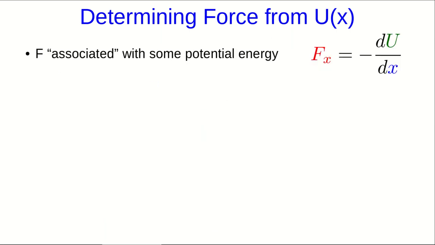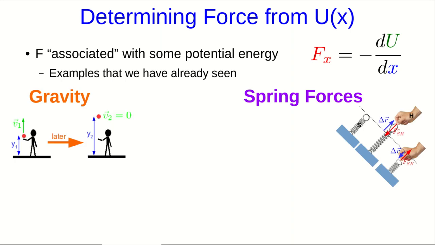This is part of a continuing theme that we've been seeing. Potential energies are always associated with some force, which is the force involved in the interaction that that potential energy is describing. And let's see two examples that we've already been looking at: gravity and spring forces.